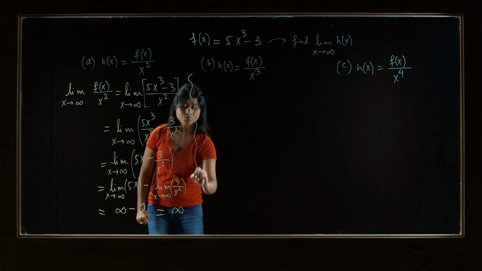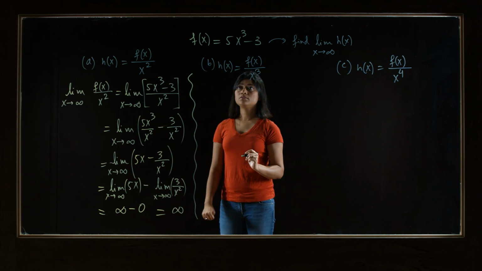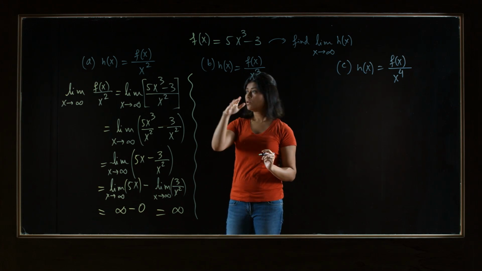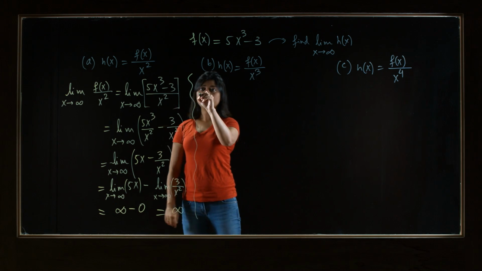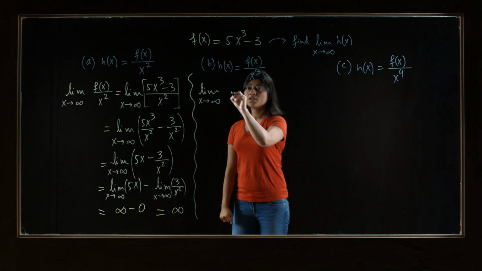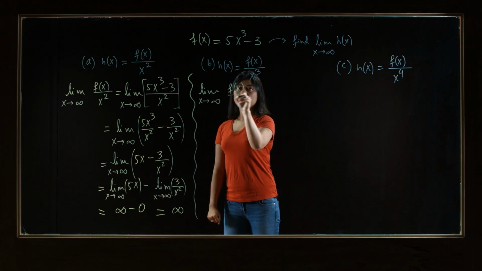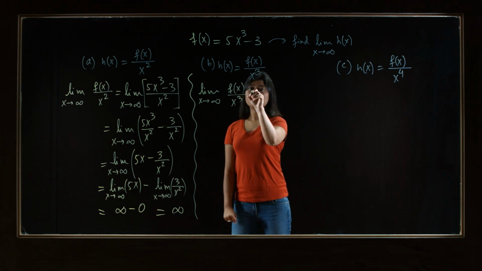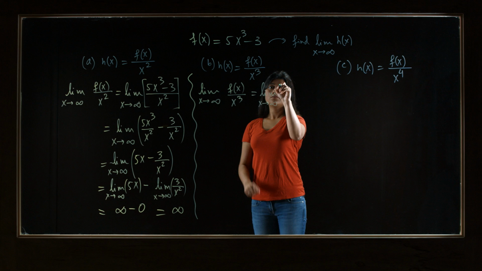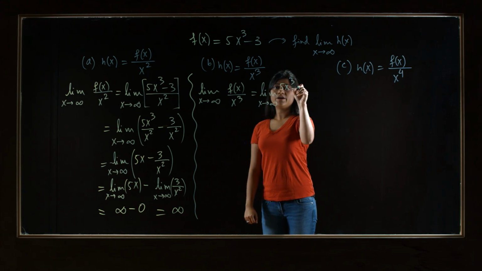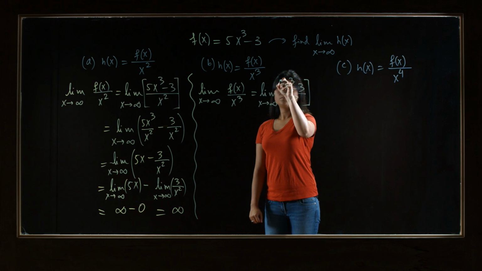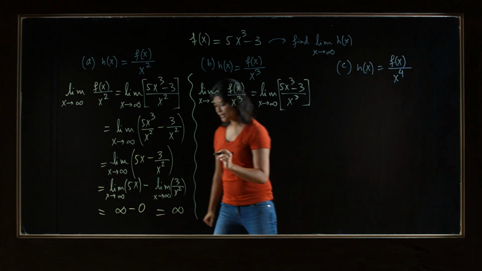Now, let's move on to the second expression for h of x, and it is f of x over x cubed. We start exactly the same way. Take the limit of f of x over x cubed and write down the expression for f, which is 5x cubed minus 3, divided by x cubed. Now let's try the exact same thing.